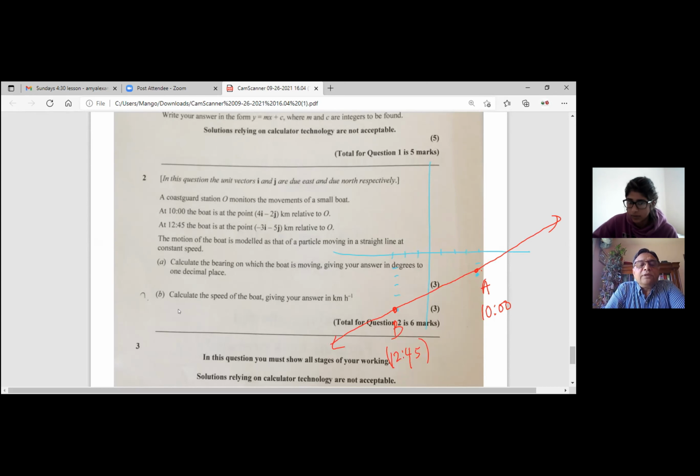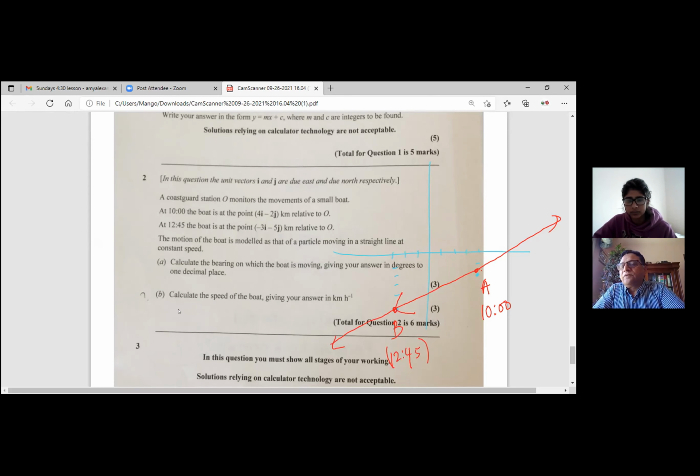Part A is to calculate the bearing on which the boat is moving, so the bearing is the angle in which it is moving. You need this direction. Then part B is to calculate the speed of the boat, giving your answer in kilometers per hour. So these are your two parts.